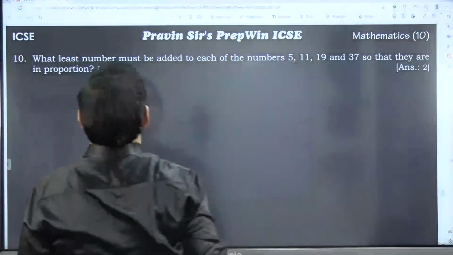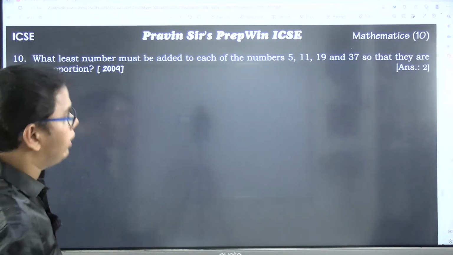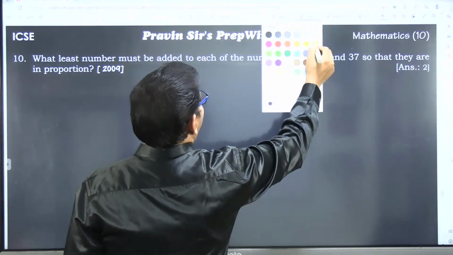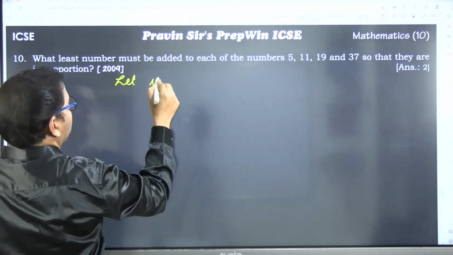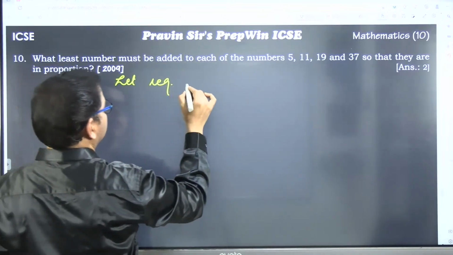So here I go. What number must be added? Not new, we already have done this. Okay, what number must be added? I will say let the required number be k. I promise you, I'm going to use only one method, that is the k method.